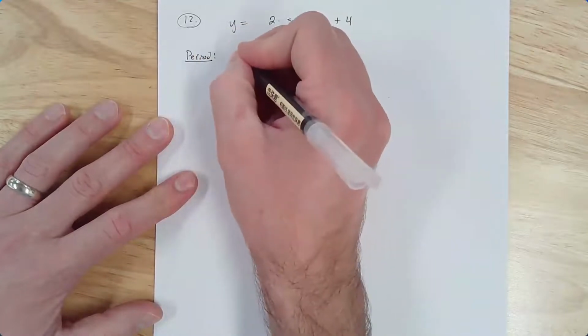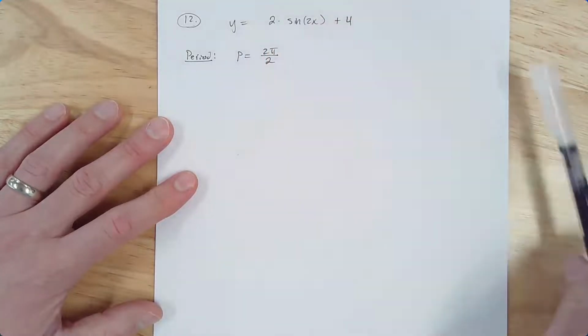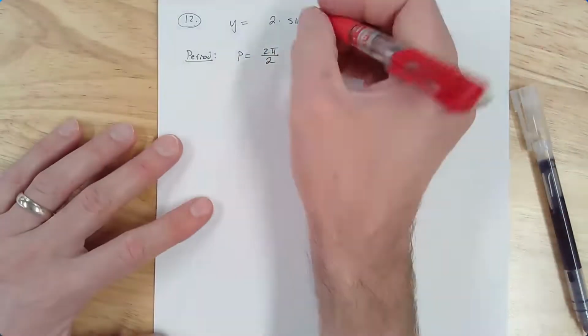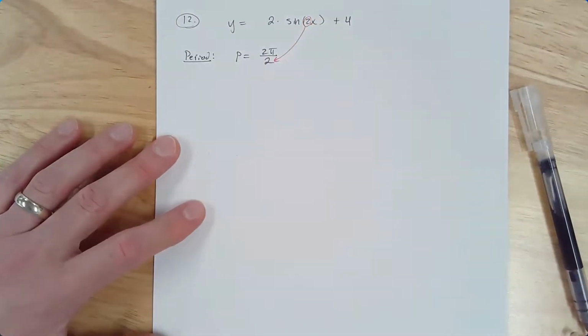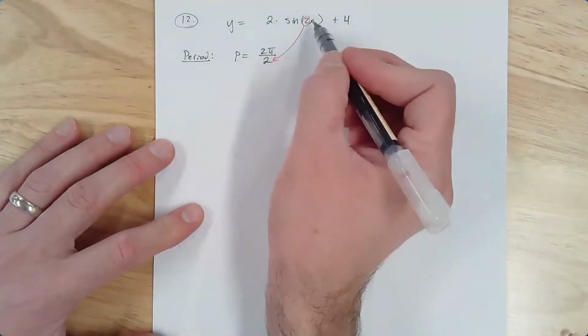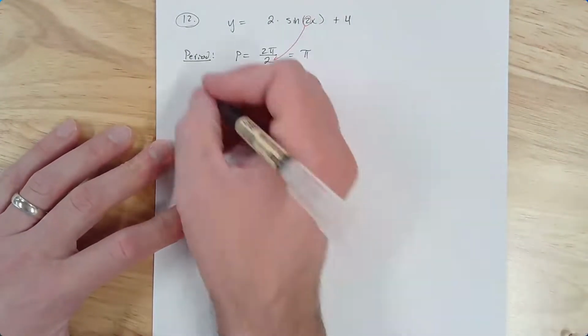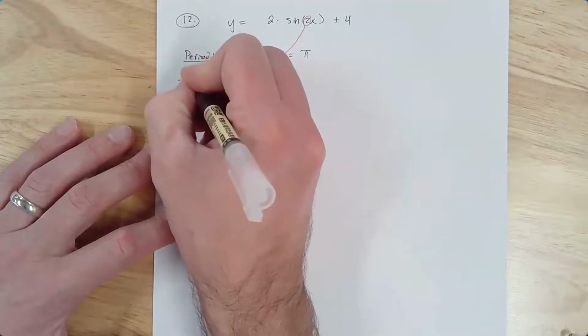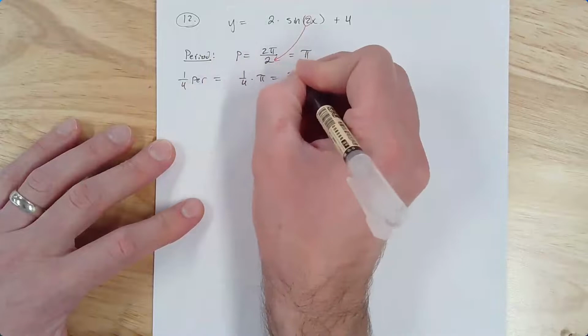My period is going to be 2 pi divided by 2. And just to make sure everyone's clear, it's that 2 that I'm dividing by, not that one there, that one there, which is going to be pi. And then I think we should find 1/4 of our period, which is 1/4 times pi, which is just pi over 4.